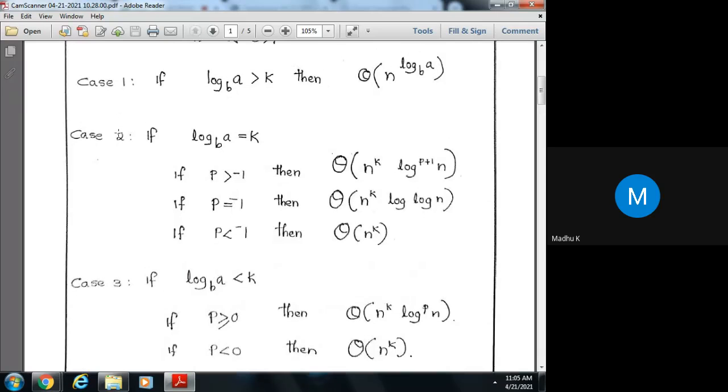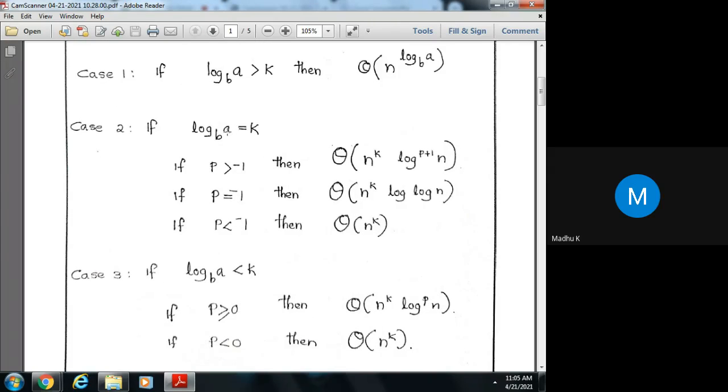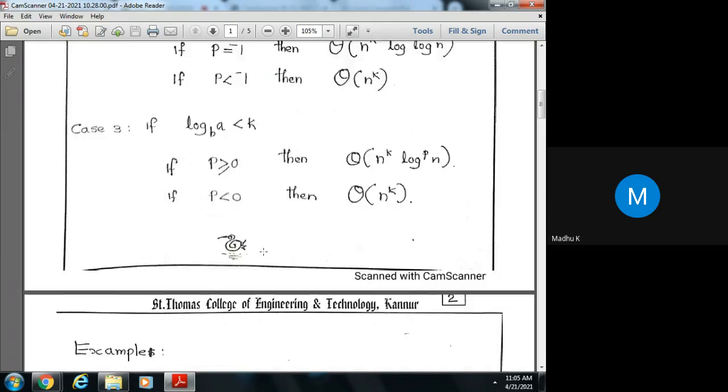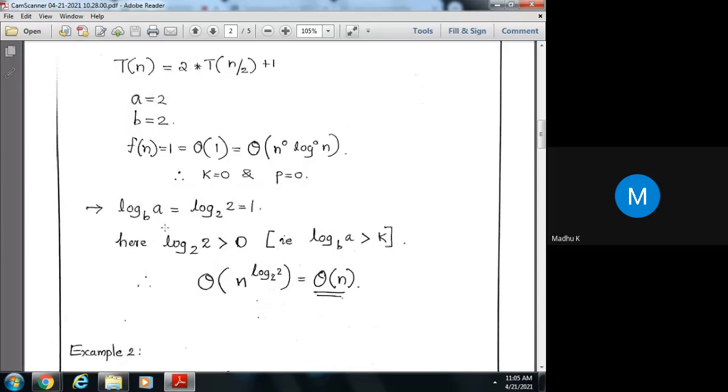Case 1, case 2, or case 3? Which condition is satisfied here? The case 1 condition is satisfied in this case, that is, log base b a greater than k.